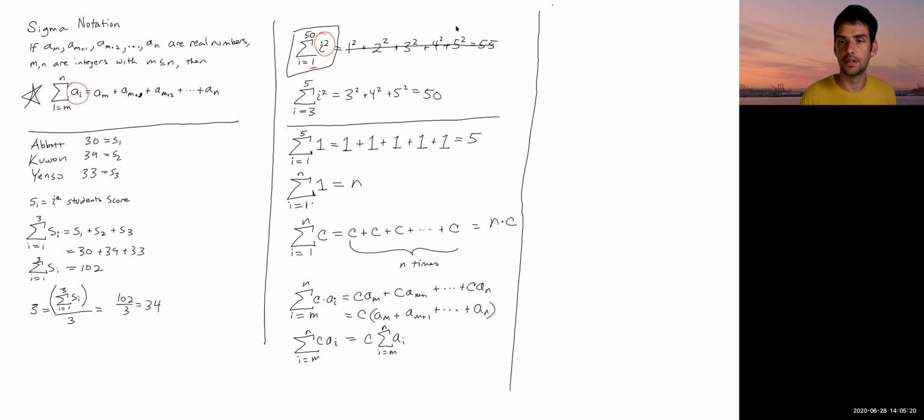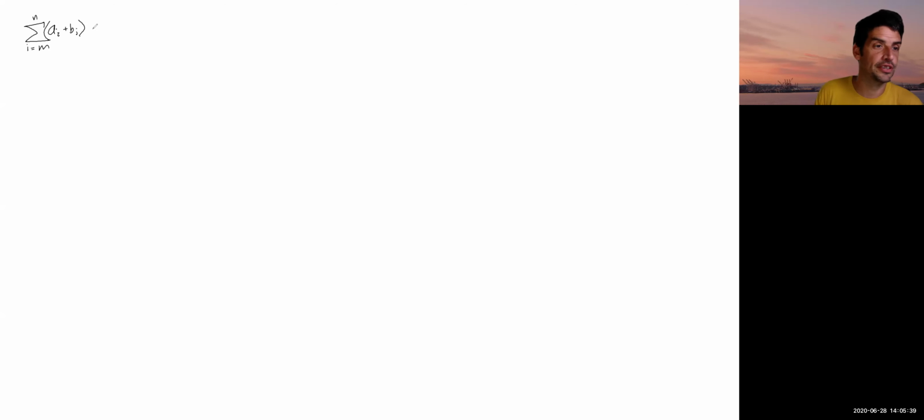Let's look at the sum i equals m to n of a sub i plus b sub i, right? So suppose I have two different terms. Well, what does this mean?